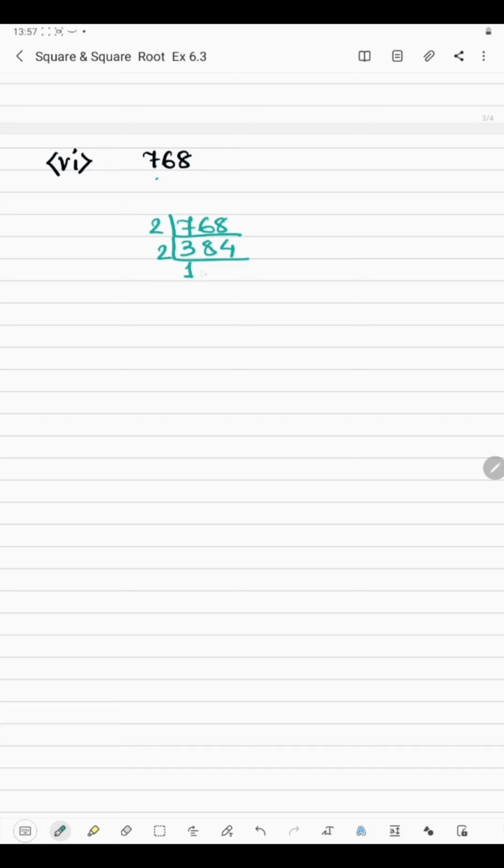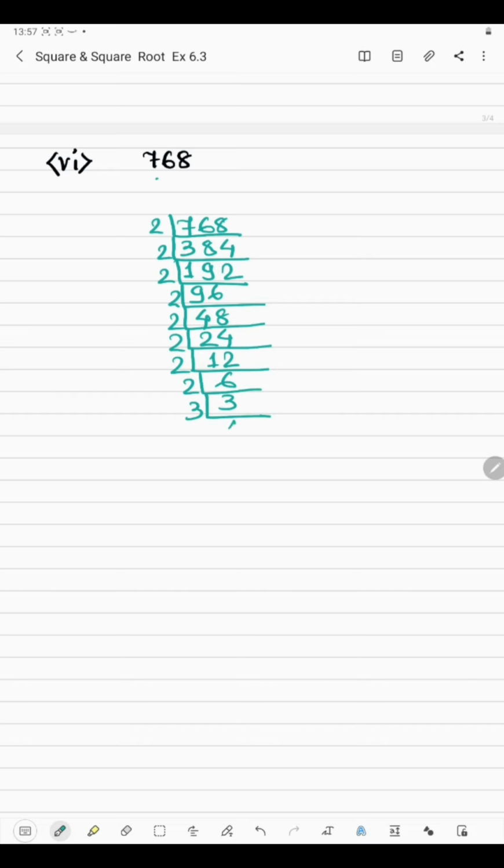Again 2 1s are 2, 2 9s are 18, 2 2s are 4, 2 9s are 18, 2 6s are 12, 2 4s are 8, 2 8s are 16, 2 2s are 4, 2 4s are 8, 2 1s are 2, 2 2s are 4, 2 6s are 12, 2 3s are 6 and 3 1s are 3.